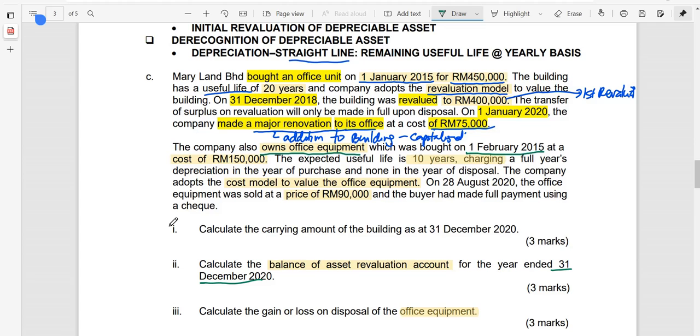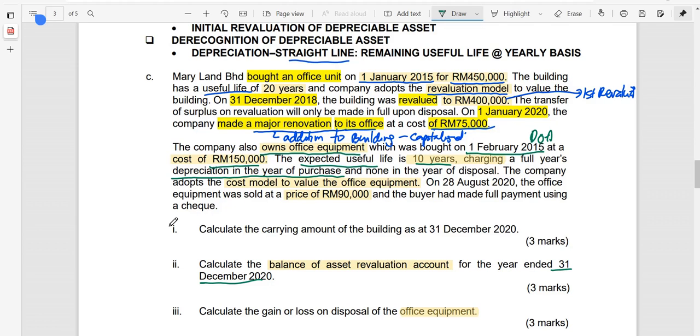So the equipment was bought on 1st February 2015. So this is the date of acquisition, and the cost was 150,000, and the expected useful life of this equipment was 10 years.